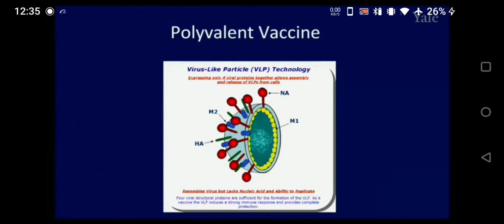If you are infected with a virus, remember your innate immune cells, using the receptors on their surface, will bind to the PAMPs that are on the surface of an infectious organism and internalize that and eat it. Those innate immune cells, like a dendritic cell or macrophage, don't know that it doesn't have DNA inside and can't replicate. On the outside, it looks just like a virus.